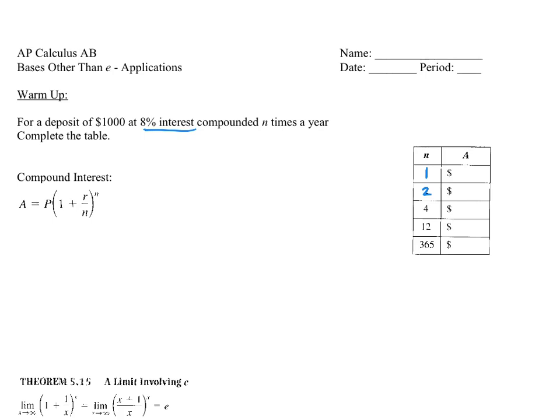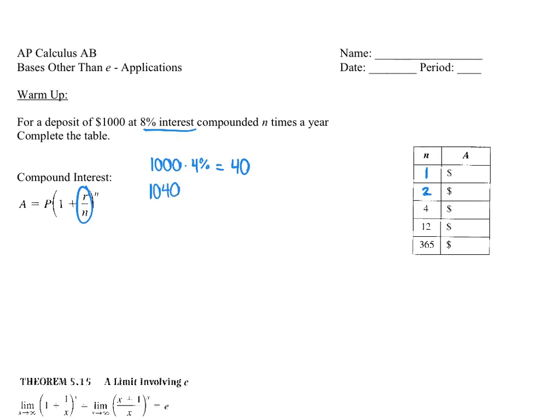Like in this case, 1,000 times 4%. So the 8% will be divided, right? Yes, it'll be divided. That's what this r over n here is. 4% of 1,000 would be $40. So in that first 6 months, you would make $40, which means now you have $1,040.